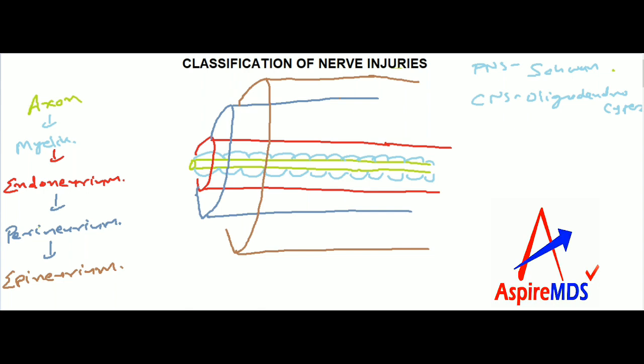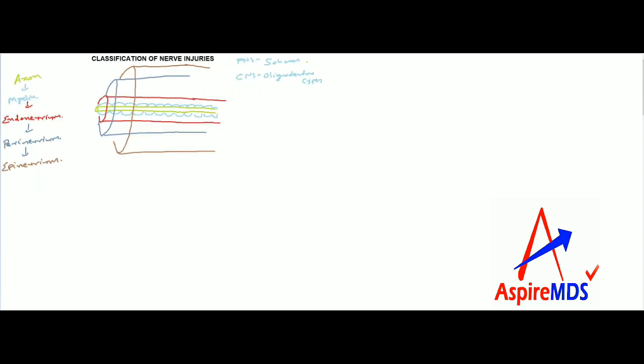Now let's see the classification of nerve injuries. We have two nerve injury classifications. First we'll see the Seddon classification. Seddon classified nerve injuries into three types. The first type of injury is neuropraxia.